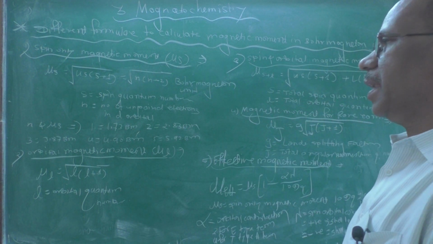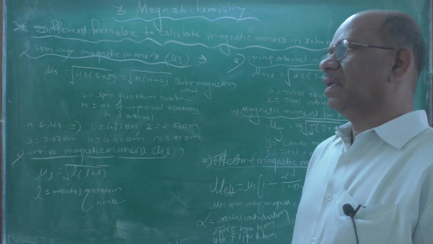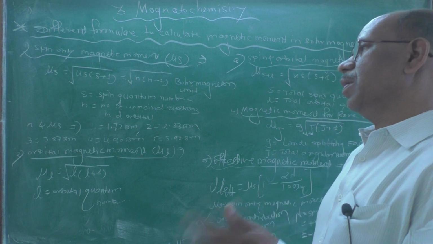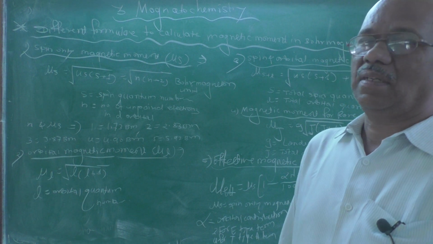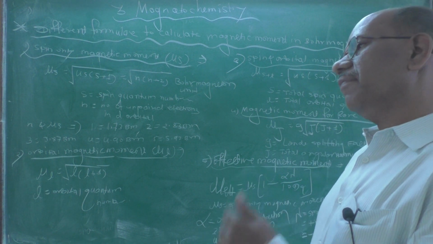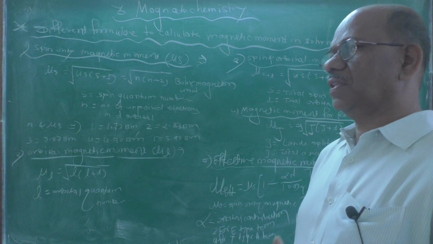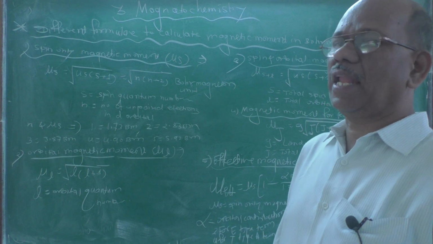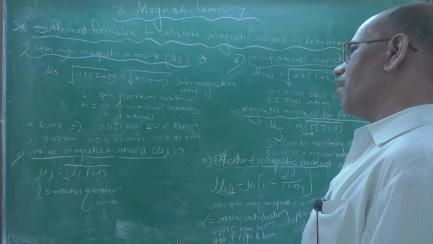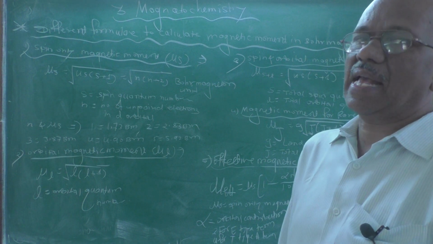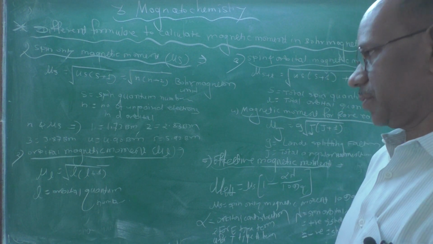If no unpaired electrons are there, then that type of complex is considered as diamagnetic. If complex contains 1 or 2 or 3 or 4 or 5 unpaired electrons, then that type of complex is considered as paramagnetic complex.